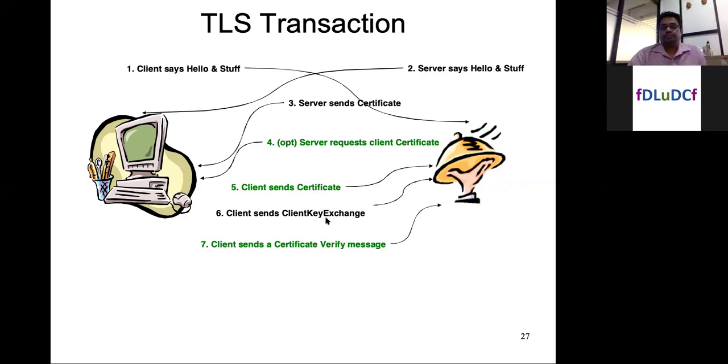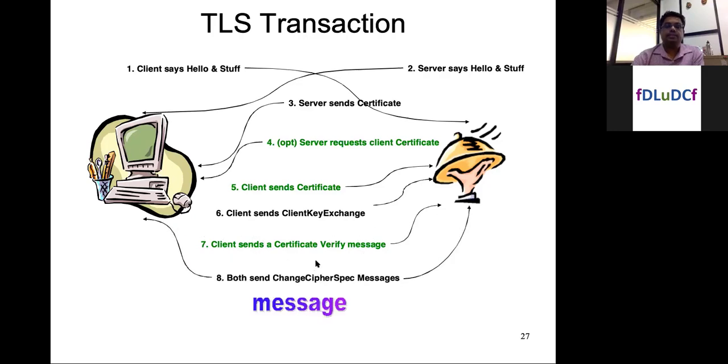After the key exchange, the web server receives a kind of certificate verification message to say that both parties accept this. So this step 7 is optional. The client certificate verification message does not happen if client authentication is not there.